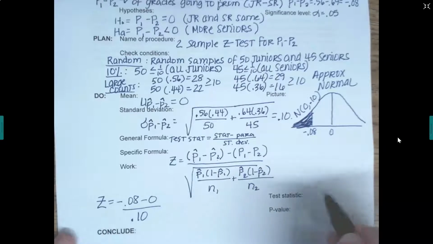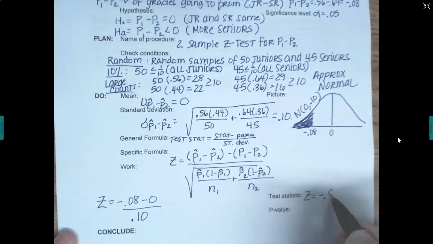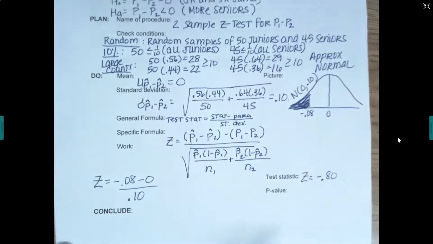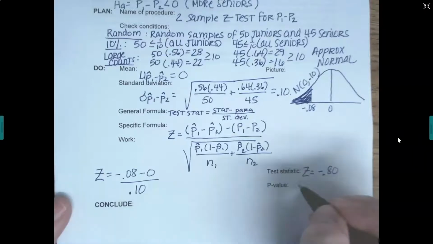And when I did that, I got a z-score of negative 0.80. You should try this in your calculator to make sure you're getting these same numbers. When I look up negative 0.8 on my table of values, I got a p-value of 0.2119.